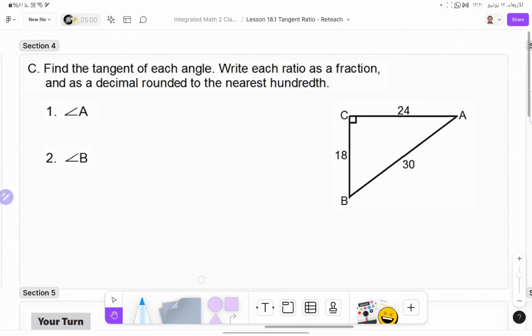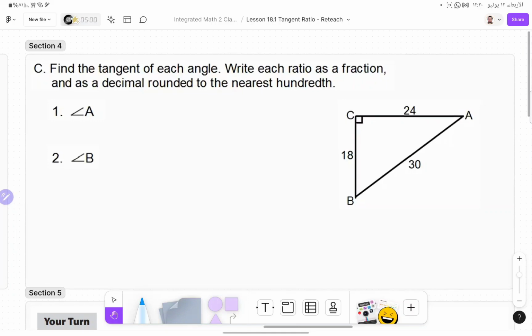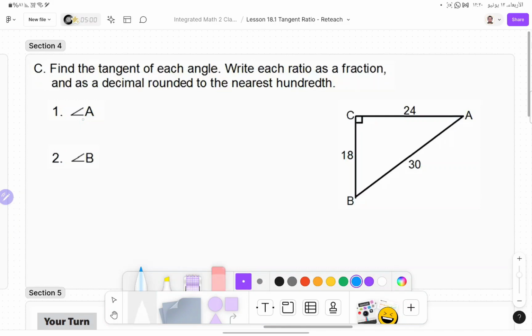Now, let's find the tangent of each angle. Write the ratio as a fraction like this one. Now let's find the ratio related to the angle A. Where is angle A? Always go to the angle A. So this one is angle A. Now write the ratio. Always write tan A equal, the opposite side is BC, and the adjacent side is AC.